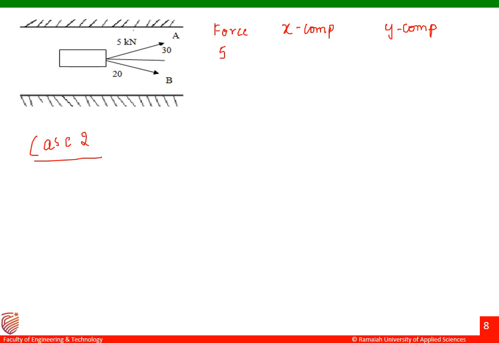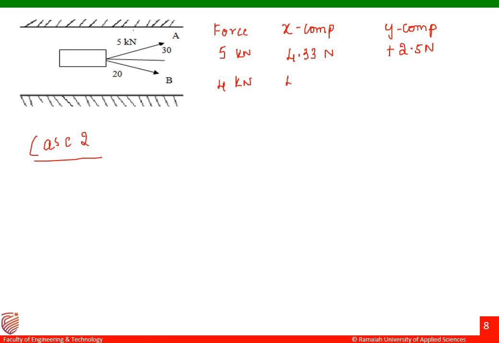The answer for the x component is 4.33, as it is acting in the first quadrant, so both x component and y component will be positive. Next is 5 sin 30, and we get plus 2.5 kilonewton. Next, a 4 kilonewton force is given in the question.